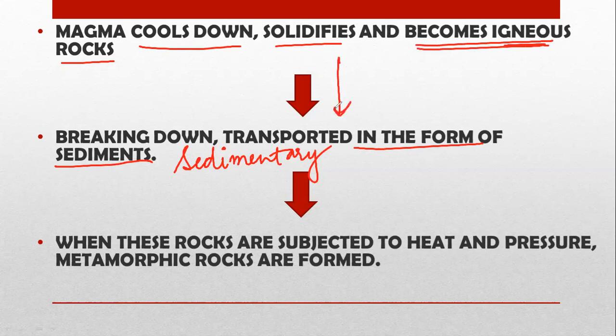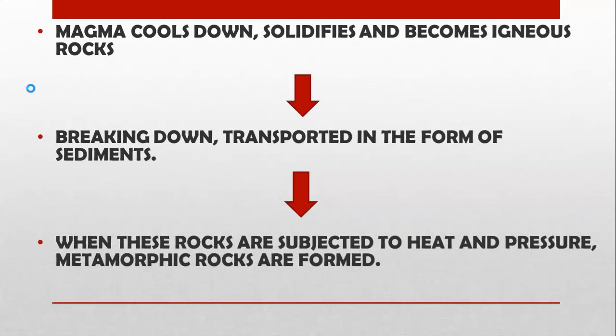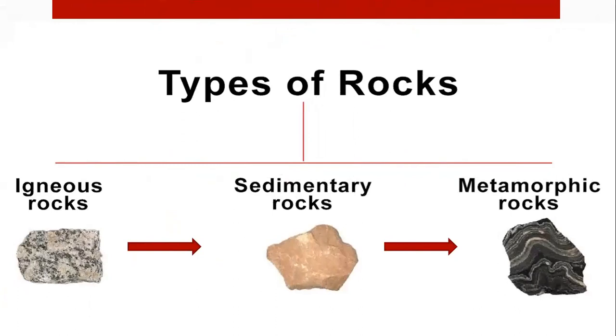And further, when heat and pressure is applied on sedimentary rocks, it leads to the formation of metamorphic rocks. Correct? So, igneous rocks lead to the formation of sedimentary rocks, and when heat and pressure is applied on sedimentary rocks, it leads to the formation of metamorphic rocks.